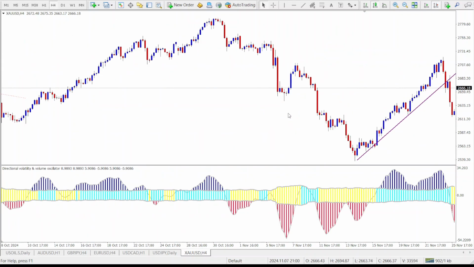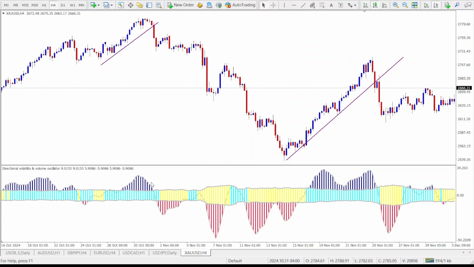So whenever the blue histogram bars begin to form, once it just starts forming, you can start looking for buy opportunities.